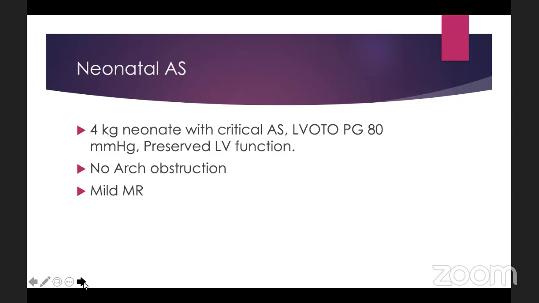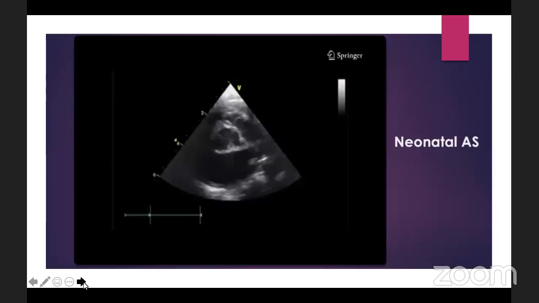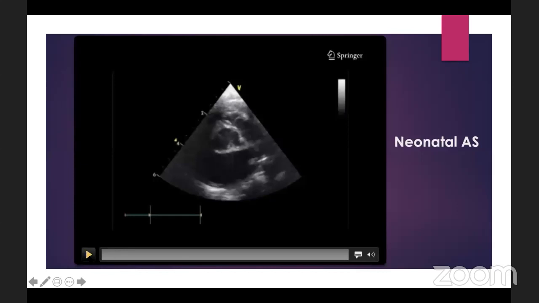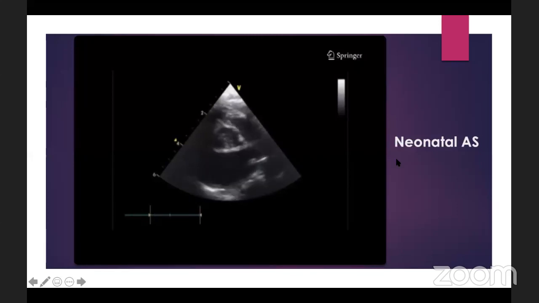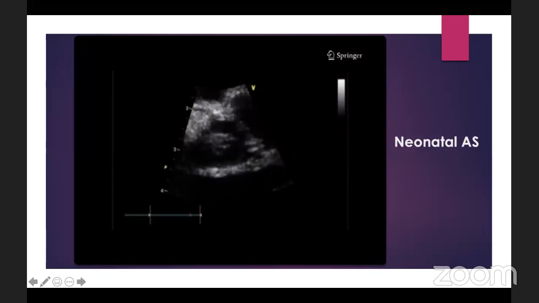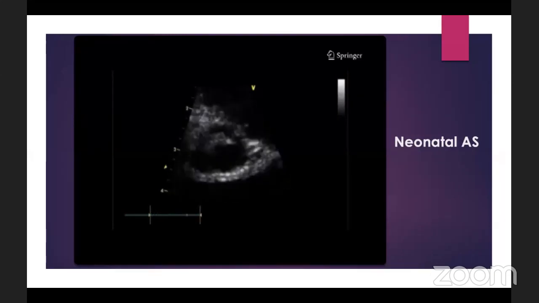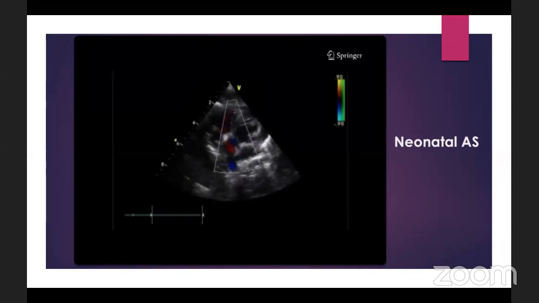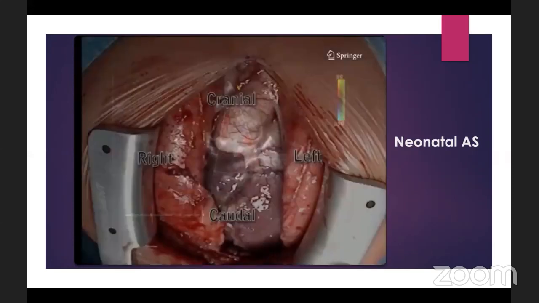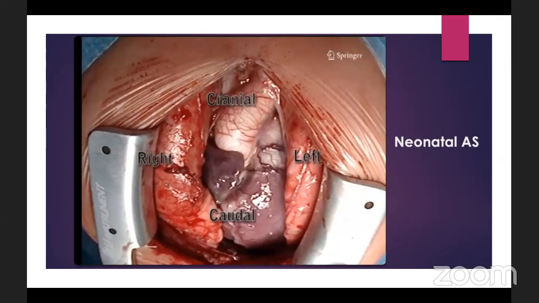There is no arch obstruction and only mild MR. So the echo shows an abnormal looking valve, probably unicuspid, or functionally unicuspid. Turbulent flow, preserved left ventricular function, and although there's some brightness, no severe fibroelastosis.